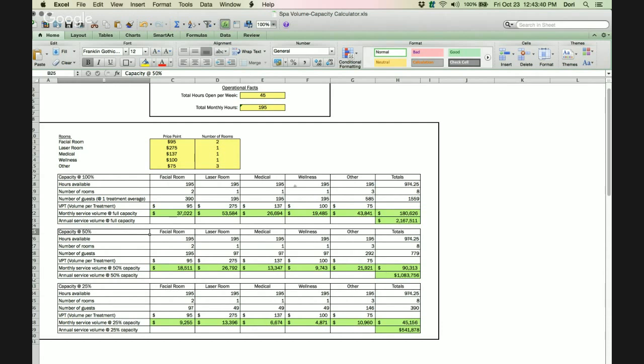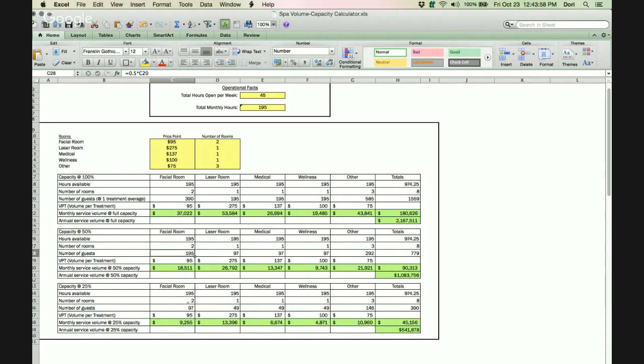Now, the reason I love this chart so much is not only does it tell you what your income potential can be from each source, but it also tells you how many treatments you need to be doing to fill out that room at different levels of capacity.